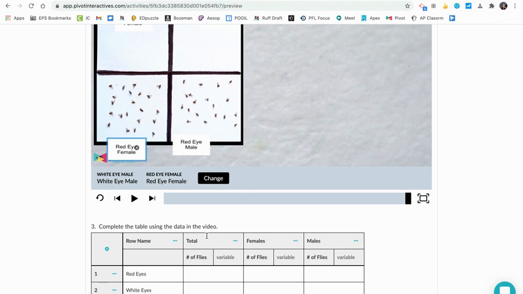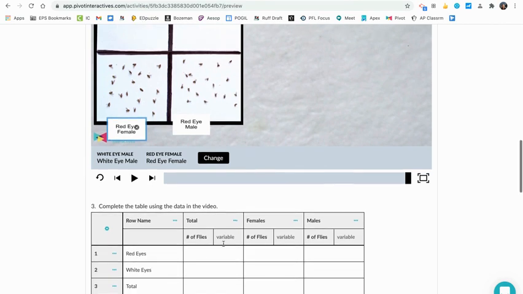I'm getting 19. I counted 19, and I think I'm getting 20 females, but I'm not sure. Someone needs to check my math. So that makes 39 total with red eyes. 20 and 19.